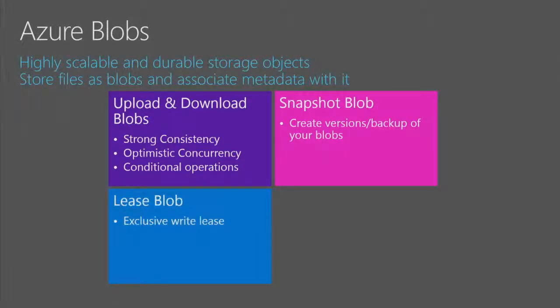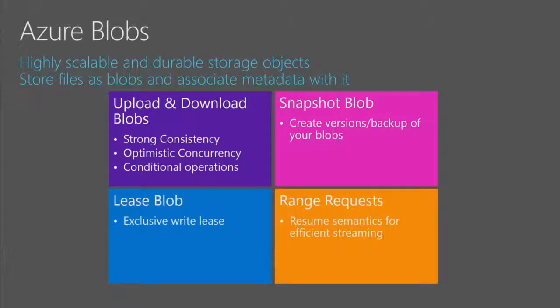And lease blob, which is actually the pessimistic concurrency model, where you actually take a lock because you suspect there may be others writing onto it or changing it, right? That works great as well. And range requests work fine, with resume semantics for efficient streaming and all that. So the net summary of it is these are Azure Blob functional capabilities, and they work just fine on-prem with Azure consistent storage as well.